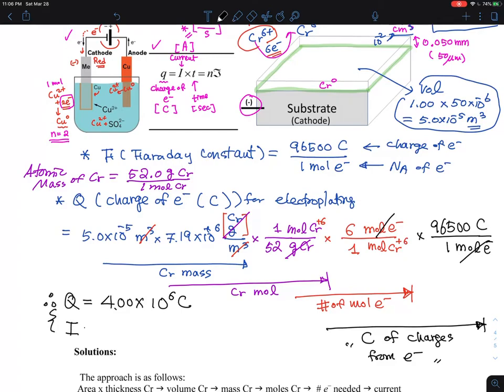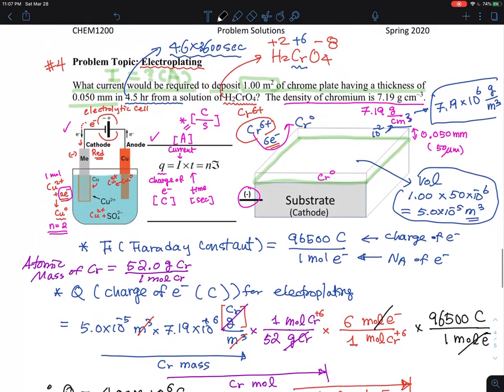And an ampere is essentially coulomb over T, right? Coulomb over T. So now you're going to 4.00 times 10 to the 6 coulomb. And how many times?